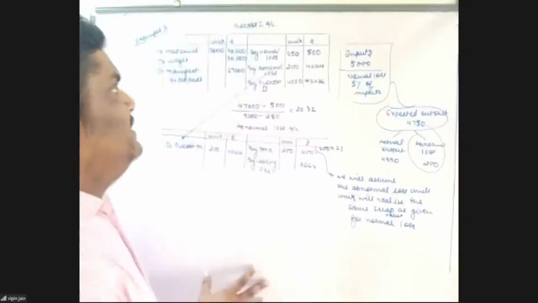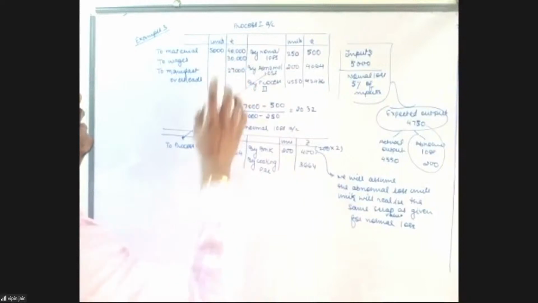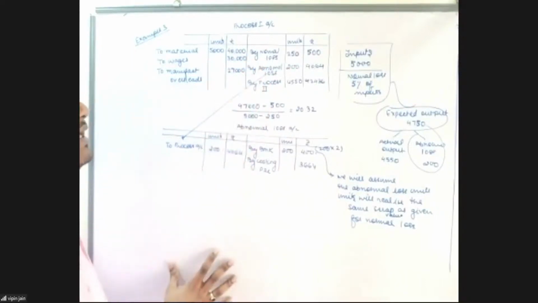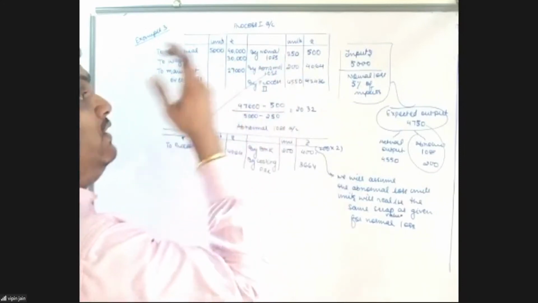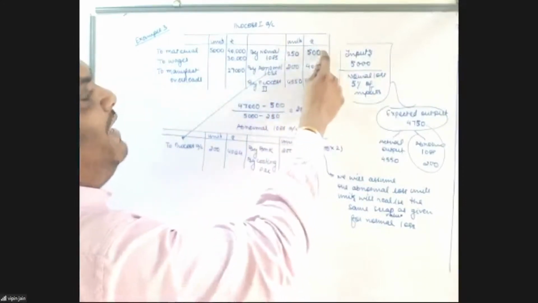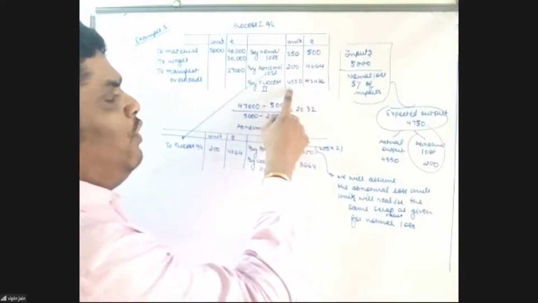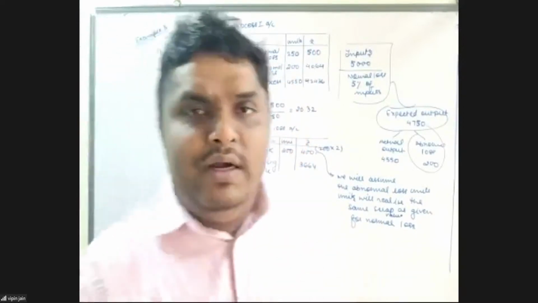So when talking about this question, this information is given in the question. 5,000 is the input. The total value is 40,000, wages is 30,000, manufacturing overheads are 27,000. By normal loss, it is given as 5% of input, so normal loss is 250 units, and the amount realized in sale of normal loss is 500. Now my output is 4550. It means the abnormal loss will be how much? 200 units.